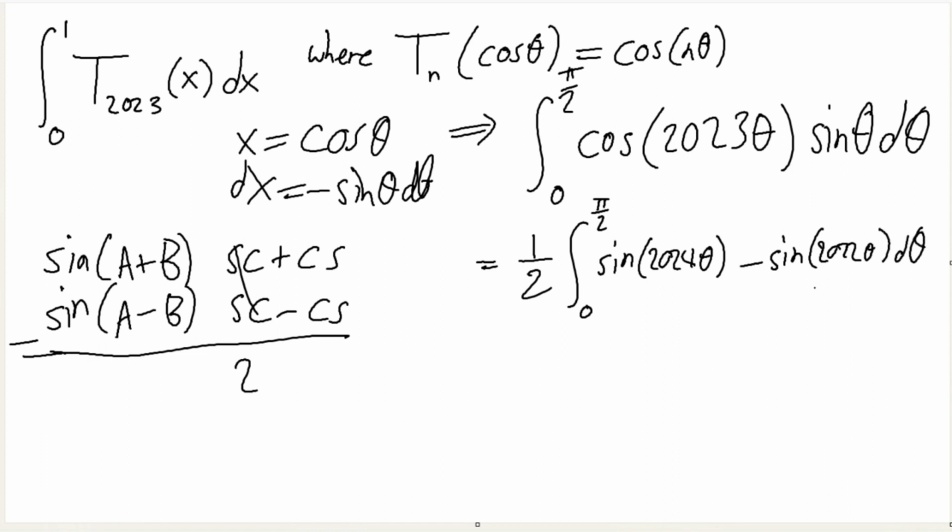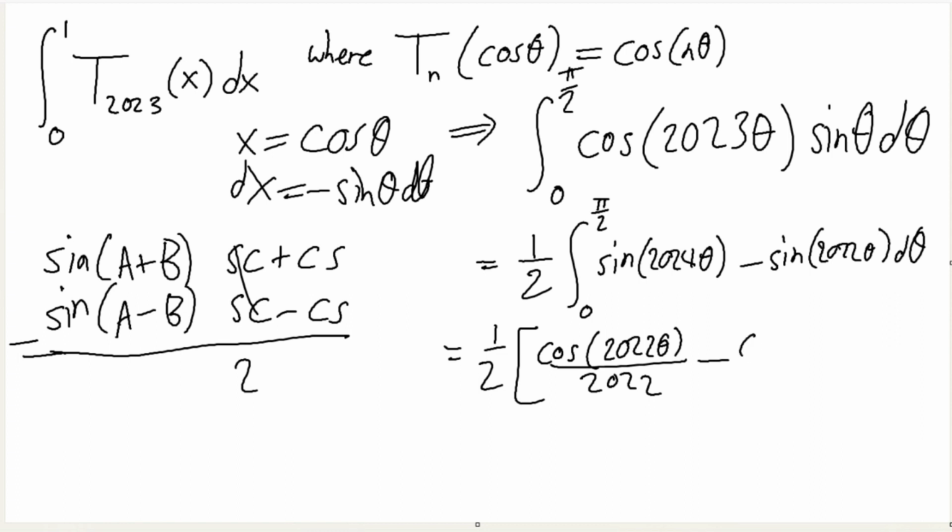And so now this is just simply cosine, I'm going to do this first, of 2022 theta over 2022 minus cosine of 2024 theta over 2024 from 0 to pi over 2.